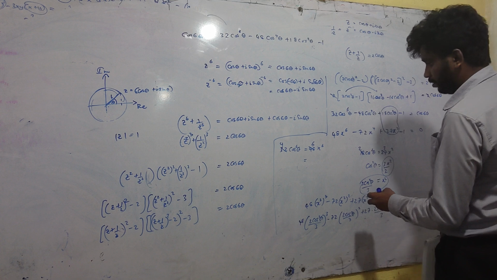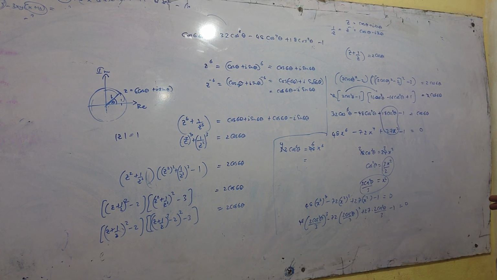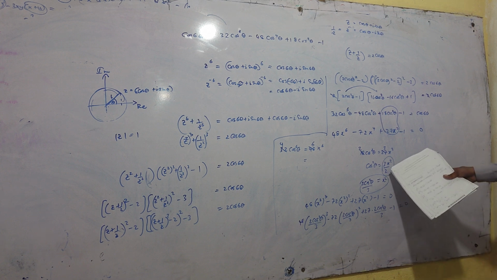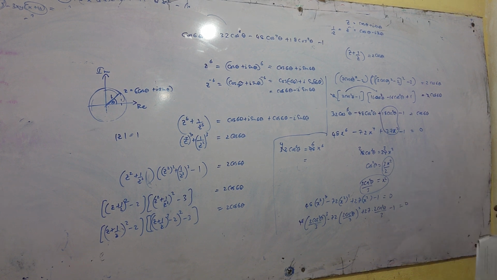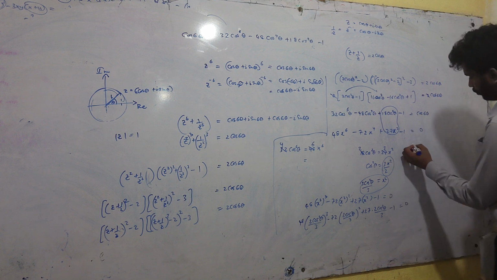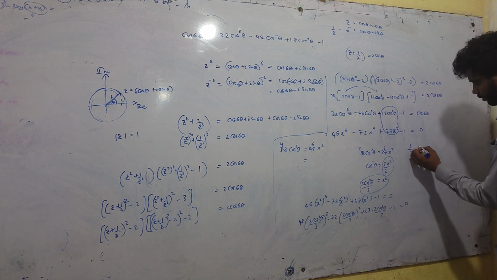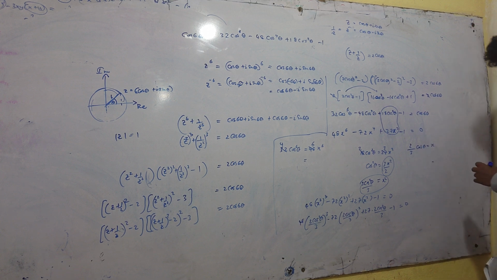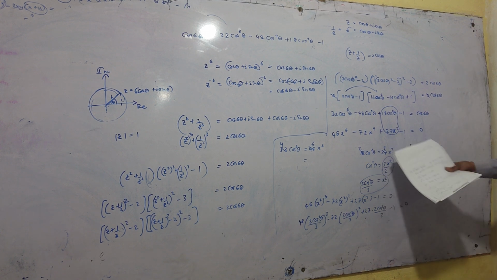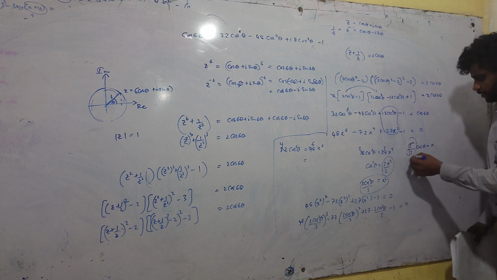So 2 over 3 cos theta is x. No, we need to get the square root. So, according to this, no.